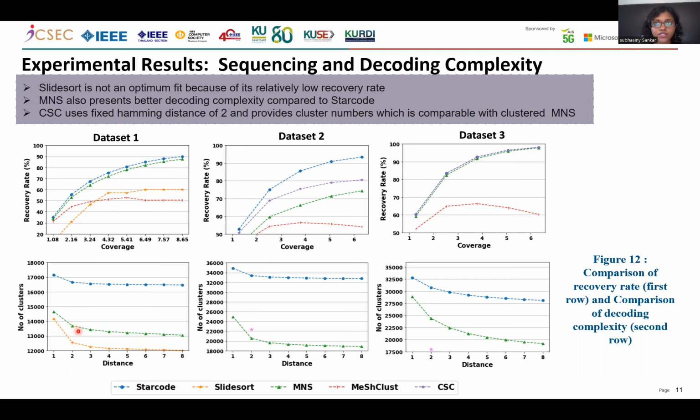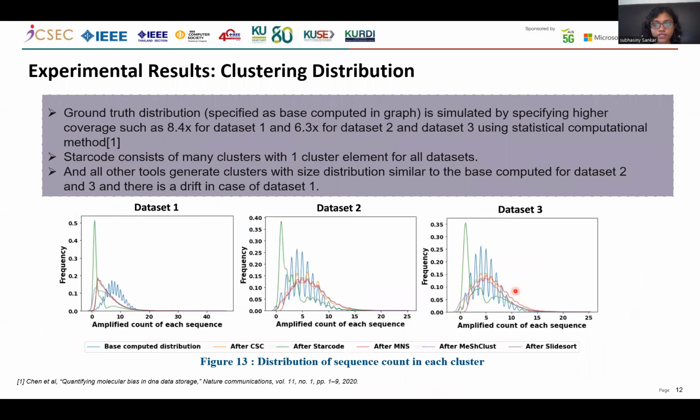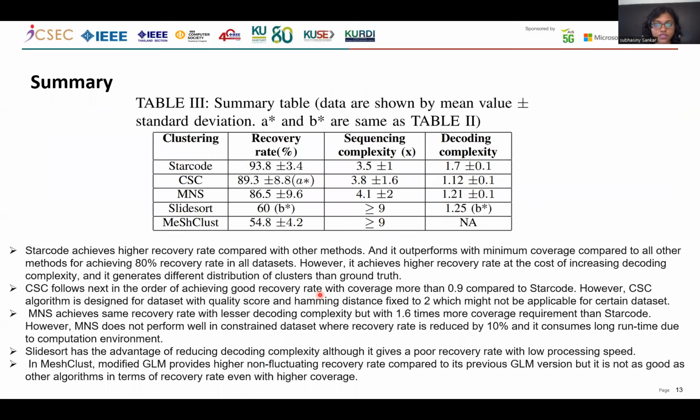Then come MNS and CSE, achieving comparable decoding complexity to Slide Sort, whereas Starcode produces more decoding complexity. In terms of clustering distribution, again Starcode deviates, providing a high number of clusters with a cluster element count equivalent to 1. So that again tells us that Starcode doesn't provide good output in terms of decoding complexity.